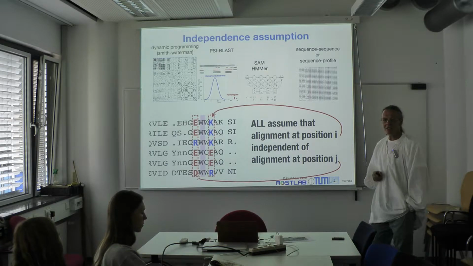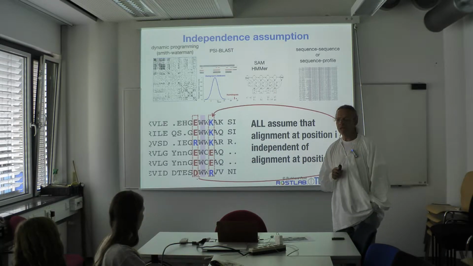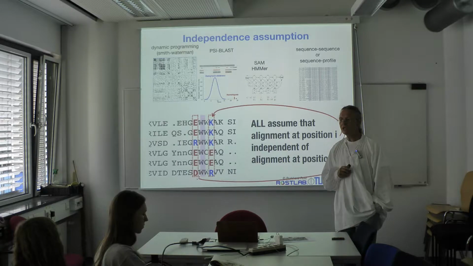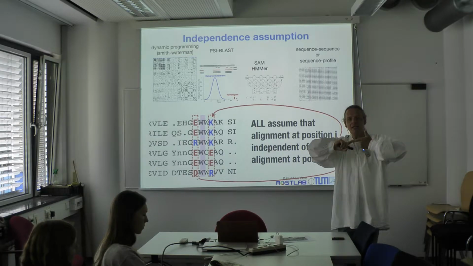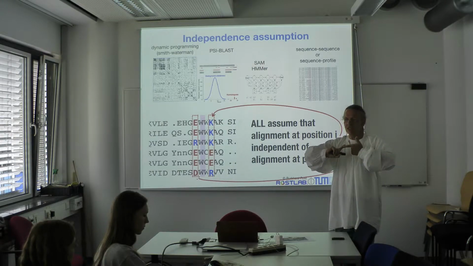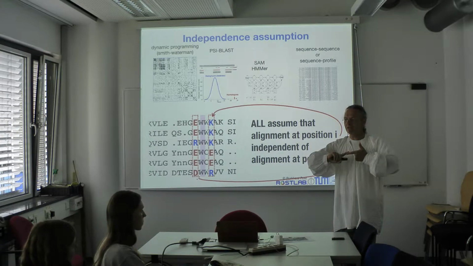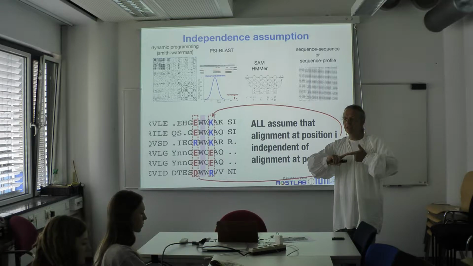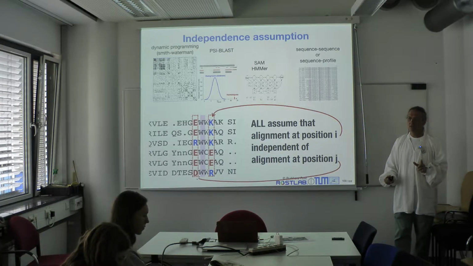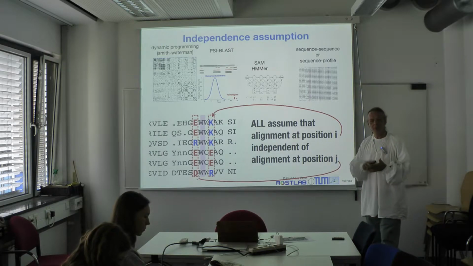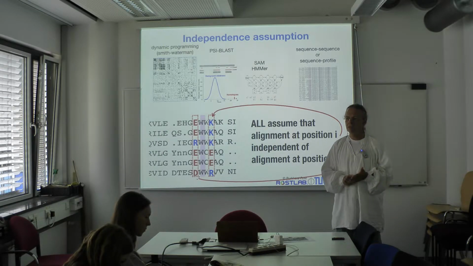Then you would immediately suspect that there's a salt bridge formation, which means they are in contact. And if they are in contact in 3D, they're absolutely not statistically independent. They're completely dependent on each other because they're binding, right? So this assumption is completely wrong because residues in proteins bind to each other.